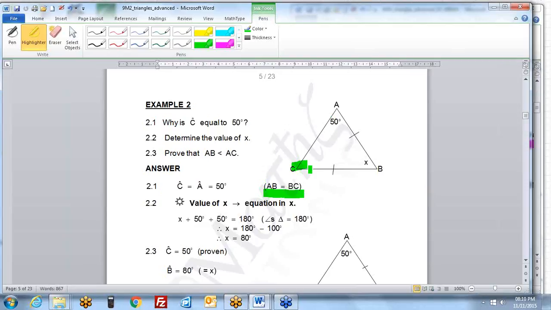The reason for angle C being 50 degrees is because side length AB is equal to side length CB. So once again, we're going to NB this, because that is your reason. You cannot use the reason it's isosceles. So take note.